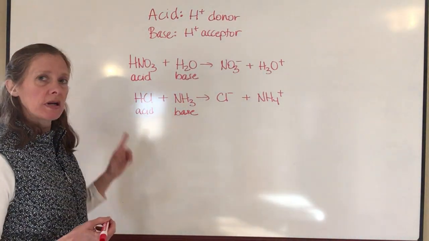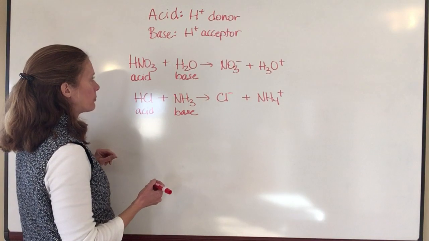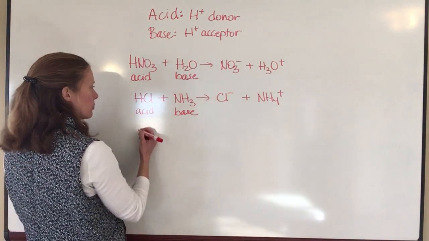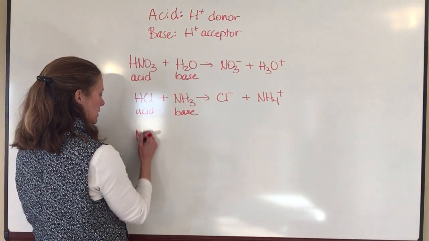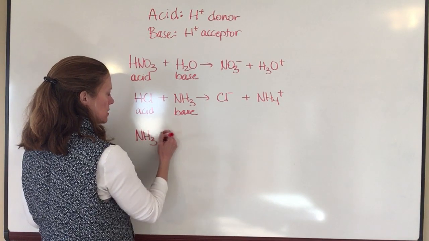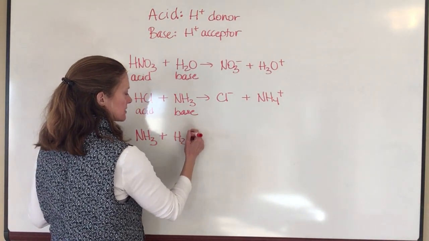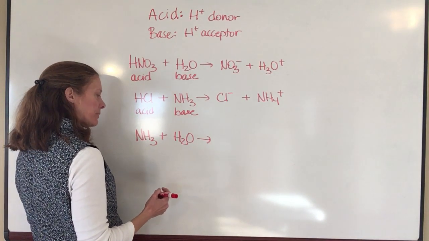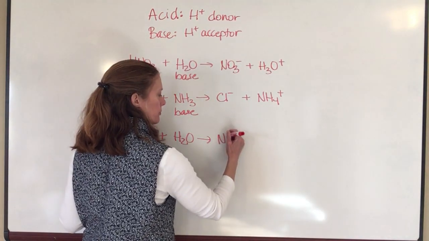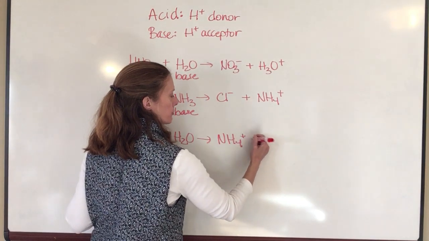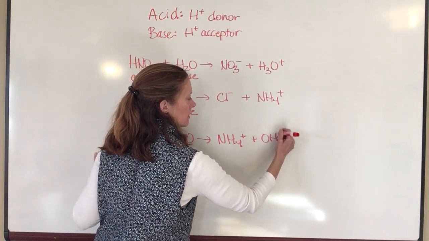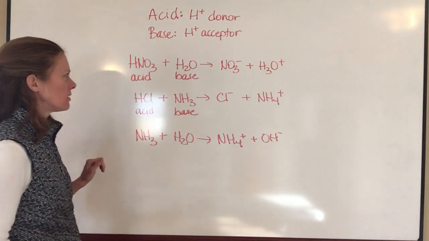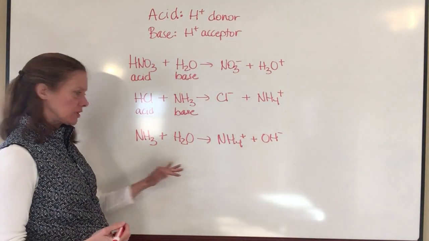Now, I also want to point out something else that the author mentions in the book. If I would take an NH3 and mix that with water, what would happen? Well, in that particular case, I'm going to end up with an NH4 plus and an OH minus. So where did my bouncing hydrogen go here?